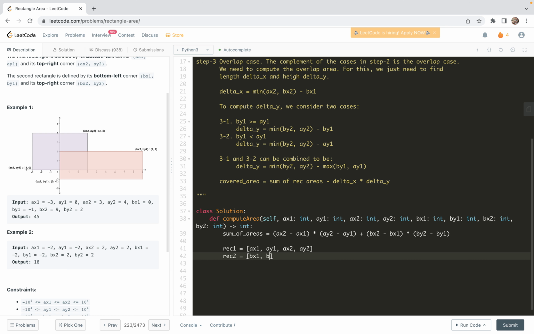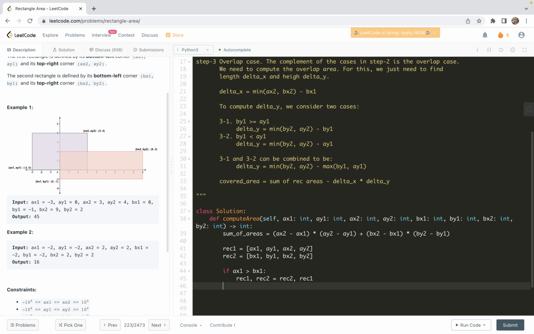For this, I introduce two arrays. Rec1 is ax1, ay1, ax2, ay2, and rec2 is bx1, by1, bx2, by2, right? Then I want to first put rectangle 1 on the left.